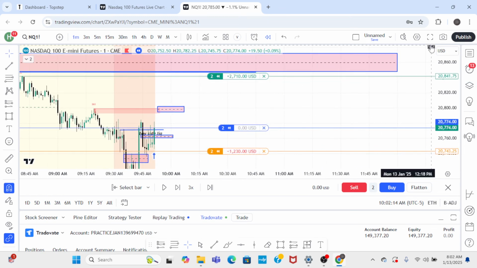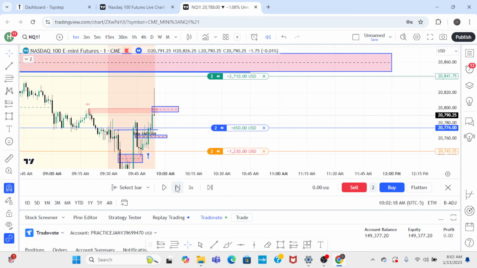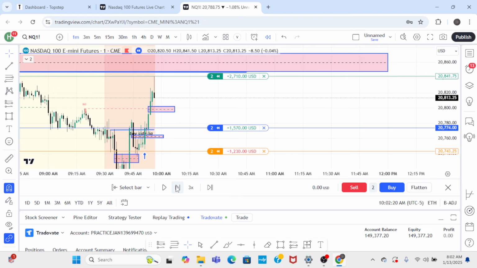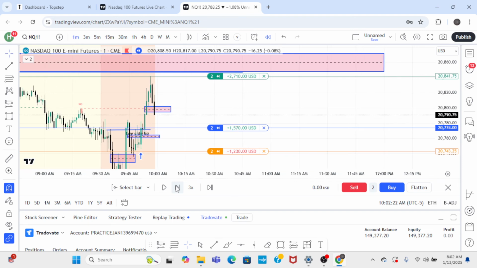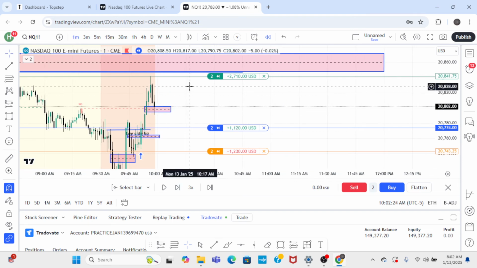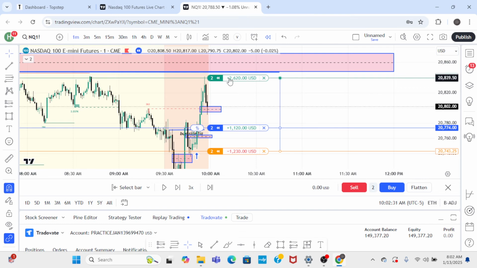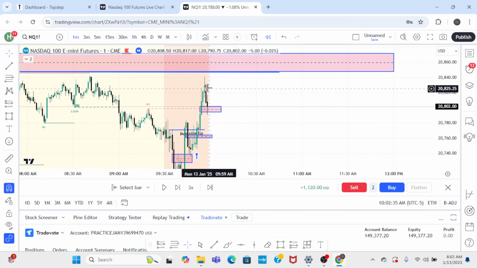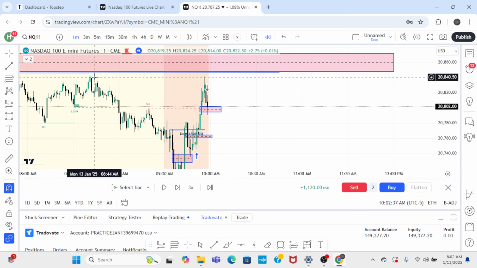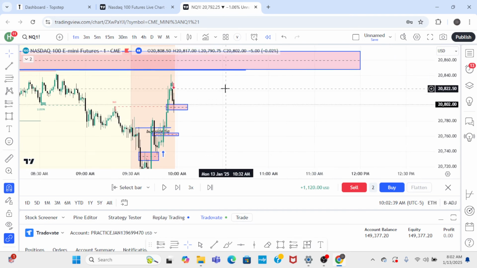And we go up higher. Wow, that's crazy. But it didn't break through. That's insane. Or I would have my TP right there, something like that. But you guys pretty much get the point, right? Targeting one of these levels for like a 1 to 3, 1 to 4, nothing too crazy.